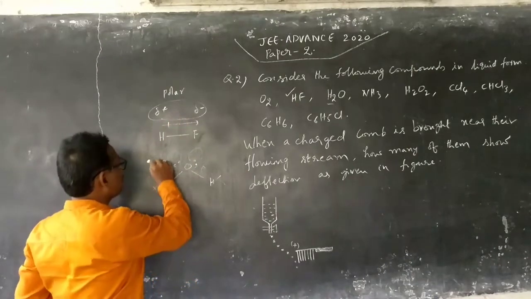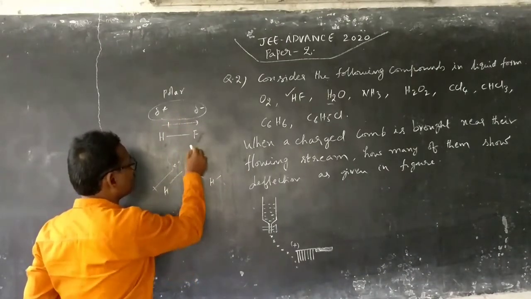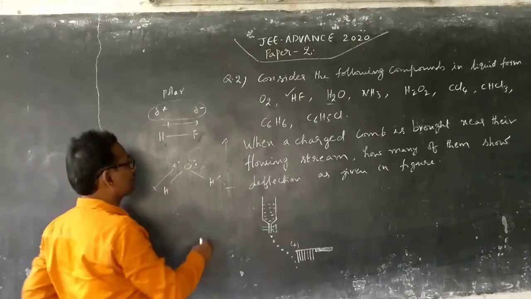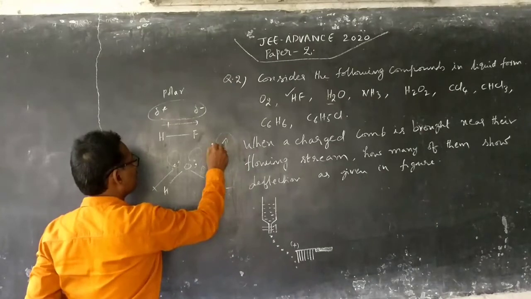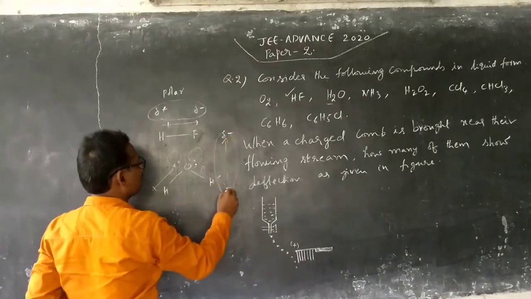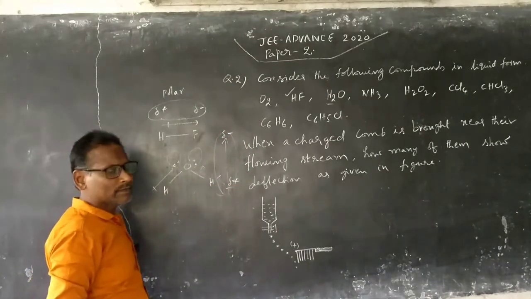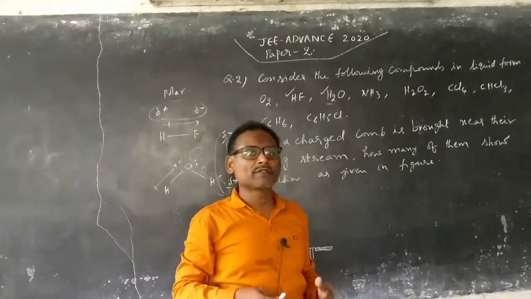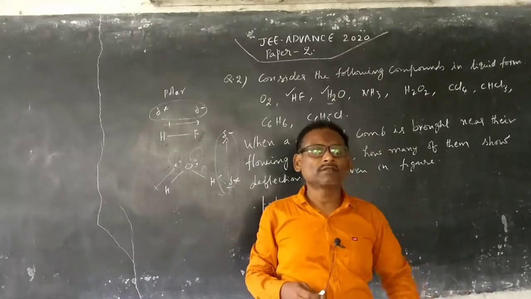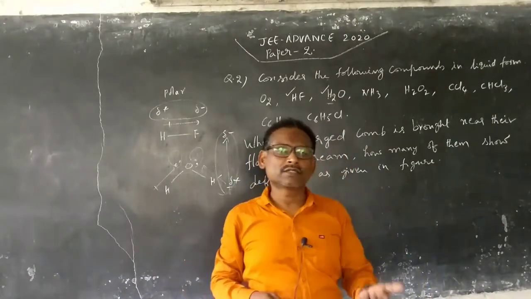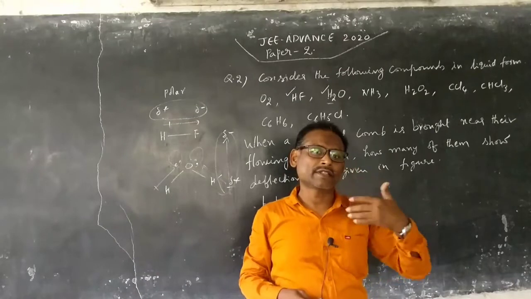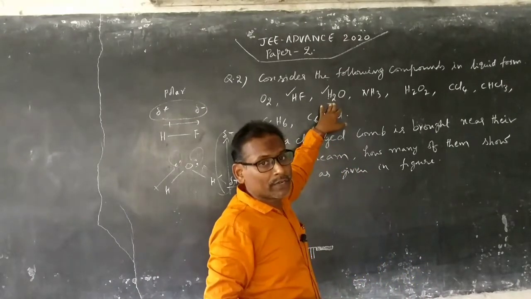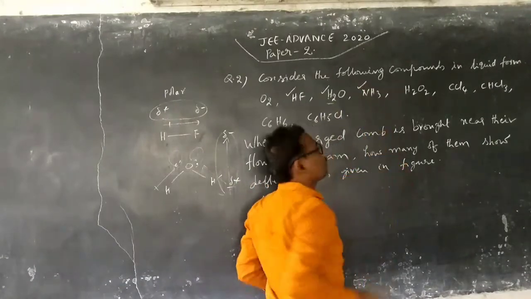That means the polarity acts from bottom to top, so at one end it has a negative charge and at the other end a positive charge. Like that, water is also polar. We must be able to identify which molecule is polar or non-polar, then we can get the answer. Based on VSEPR theory and the geometries, we can say whether it is polar or non-polar. Water is an unsymmetrical molecule with a bent shape, and ammonia is also an unsymmetrical molecule with a pyramidal shape.